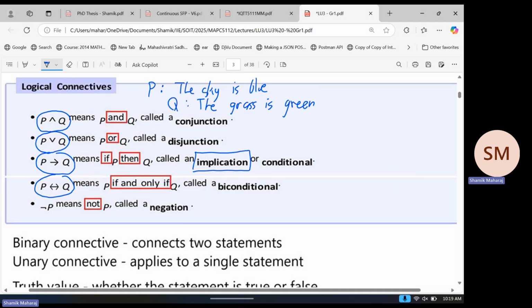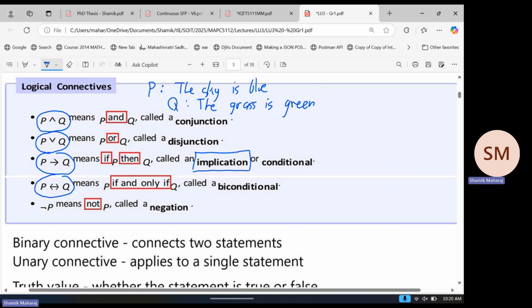And the biconditional. Does anyone want to try to say that one with the statements we have? Yeah, that's it. Okay, so most of you guys are getting it.